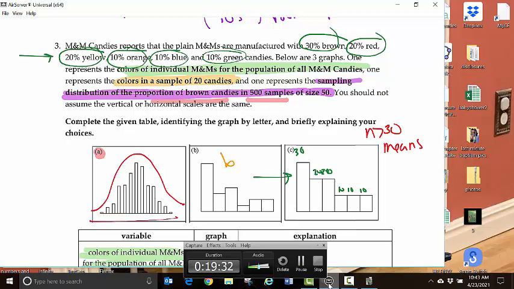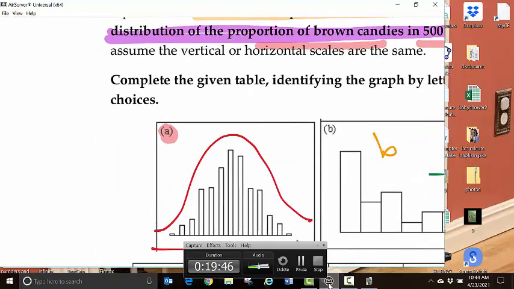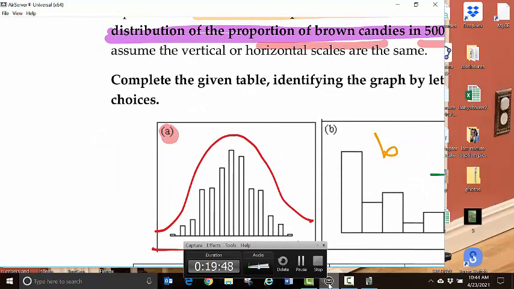Yeah, because they took a huge sample. If this was means, they could do the same thing about the mean number of candies in a bag, like you're doing with your Skittles. If it's means, N has to be greater than 30. If it's proportions, N times P times Q has to be greater than or equal to 10.